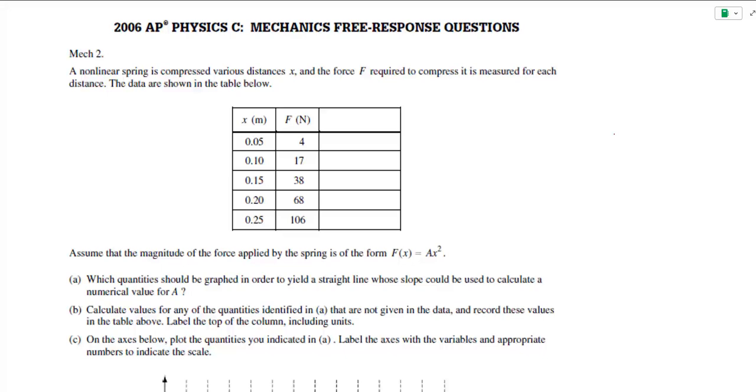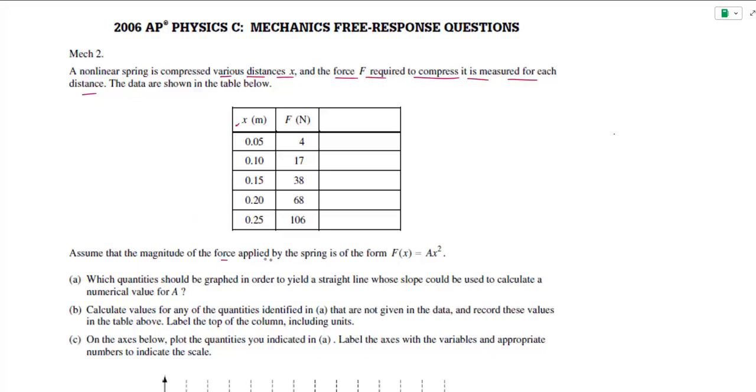So here we have a situation. We are having a non-linear spring that is compressed various distances x, and the force F required to compress it is measured for each distance, and the data is given below, right? This is the value of x through which the spring is compressed, and here we have the value of the corresponding force required to create that compression.